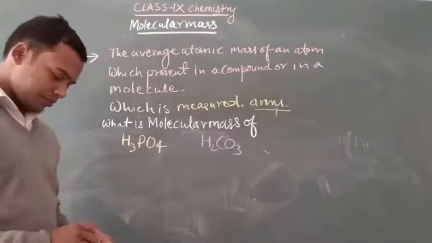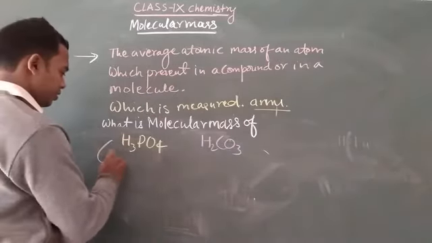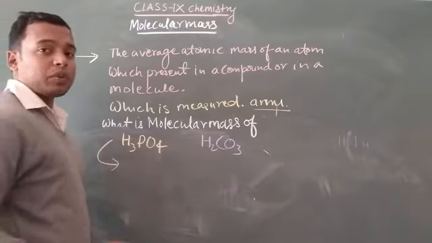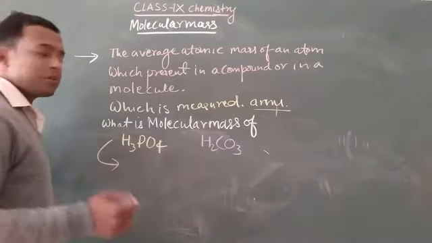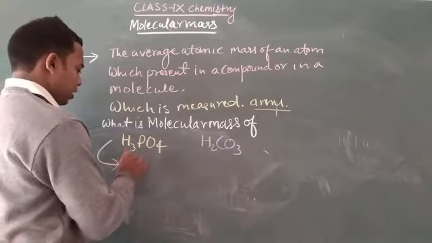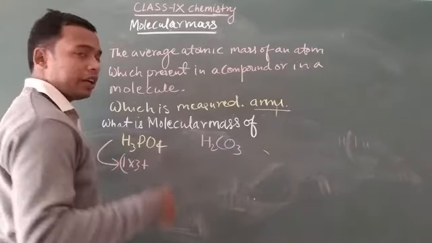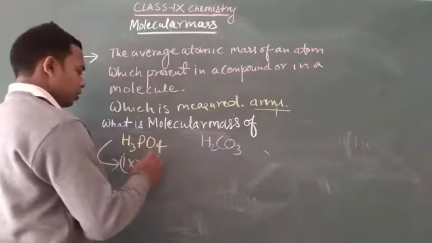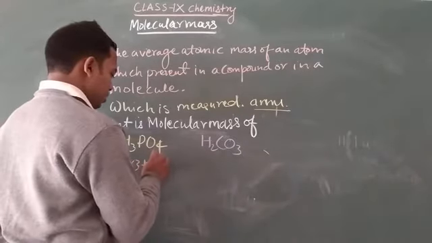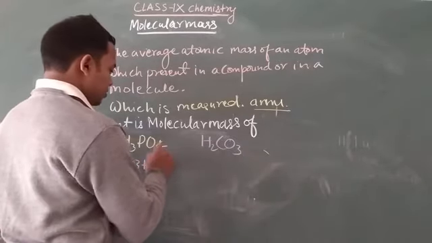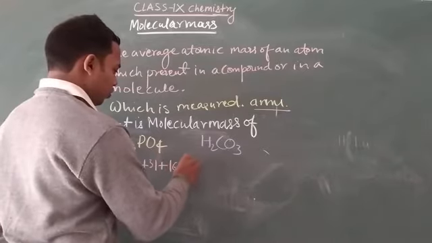Very simple. Let's see. H3: hydrogen's atomic mass is 1, atomic number is also 1, so 1 into 3 plus phosphorus 31 plus 16 into 4.